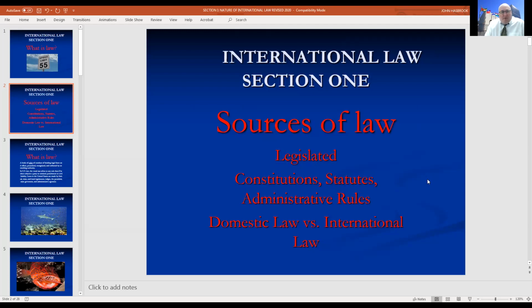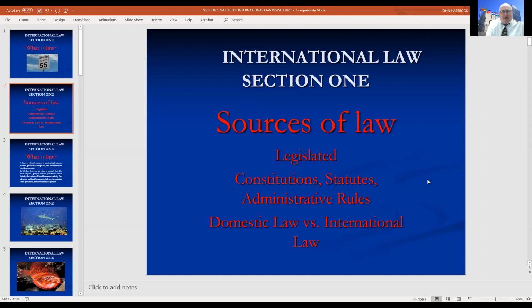We also have what are known as administrative rules, which are laws that are created by administrative agencies, such as Fish and Wildlife for fishing and hunting regulations, health department rules for restaurants, other types of administrative rules that apply to farms and dairies, those kinds of rules and regulations, which are created by administrative agencies, such as the Environmental Protection Agency, etc.